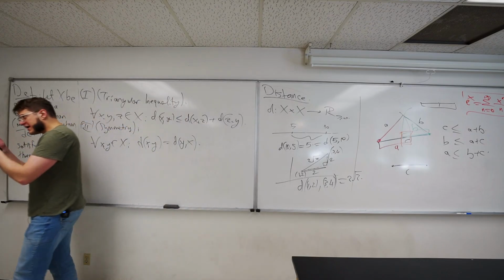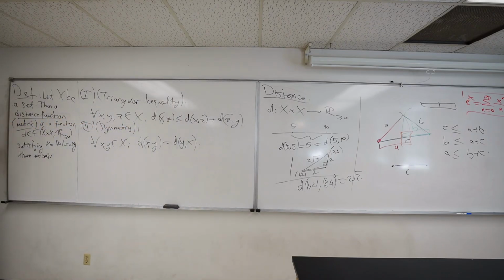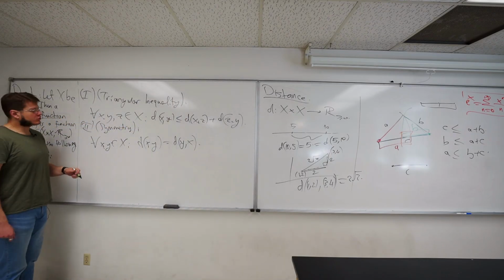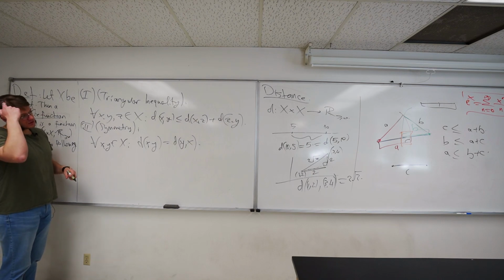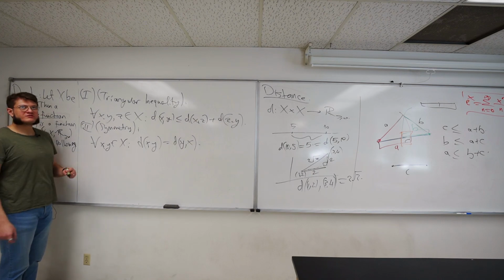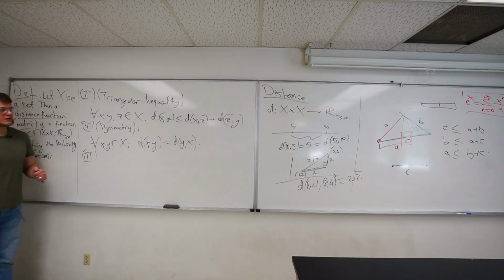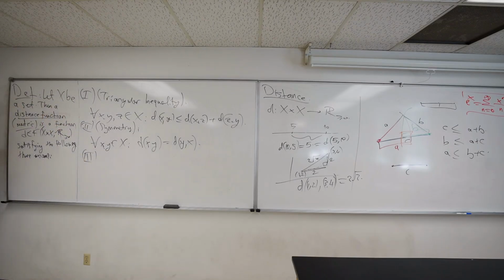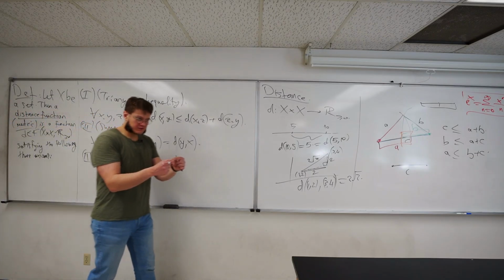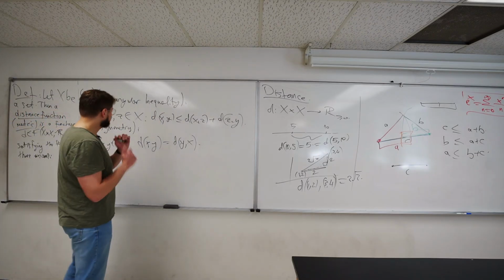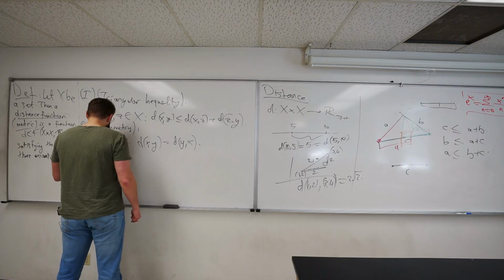Doesn't matter from where you start measuring the distance. And then the third one is the so-called reflexivity property, or maybe point separation, let's call it. Distance of a point to itself is 0, and vice versa too. If 2 points have 0 distance, they're actually the same point. Point separation.